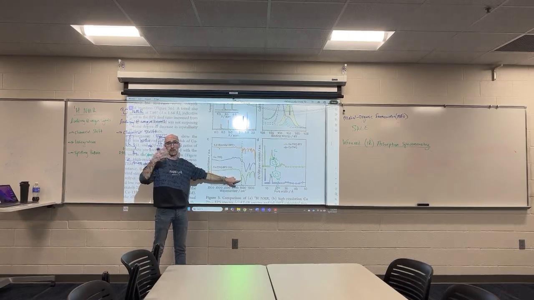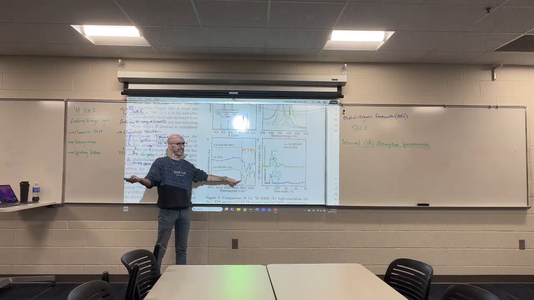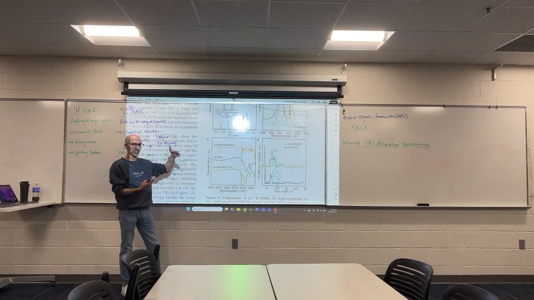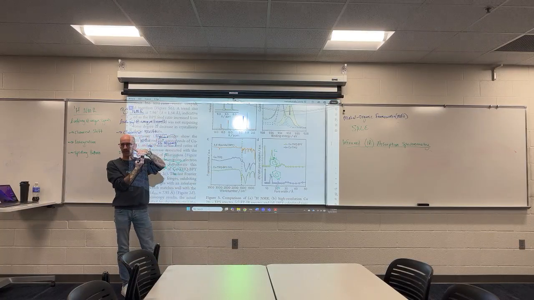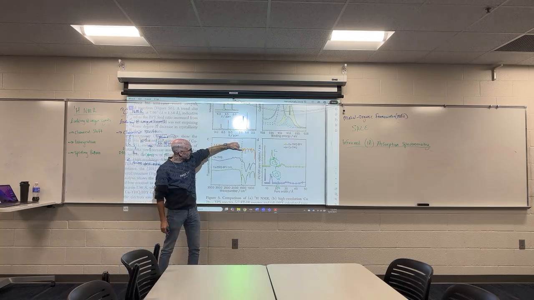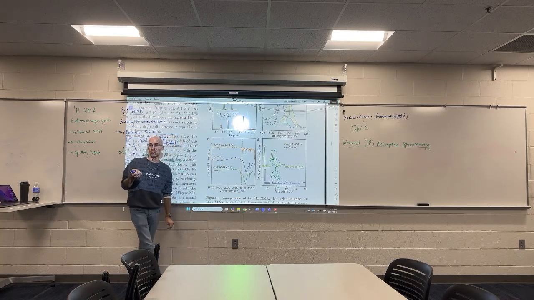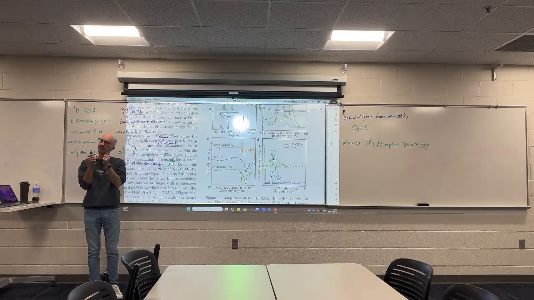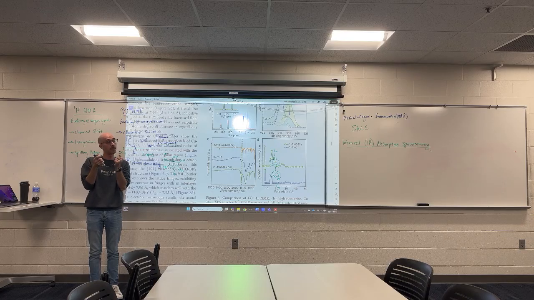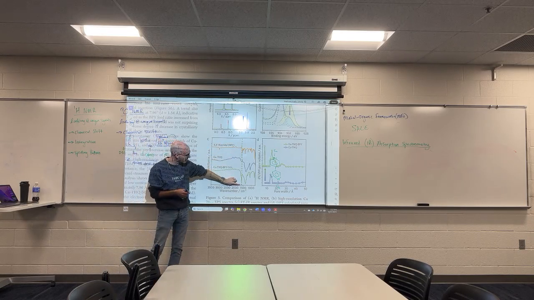If I had bipyridine just sitting with my material and not actually inserted between the coppers, well, then I would expect this signal to be at exactly the same frequency. It should be absorbing the exact same energy to make its CN bond vibrate. But it's not absorbing the exact same frequency, it's absorbing a new frequency. The bond has changed. And I know that it's changed because that same absorption has shifted here.